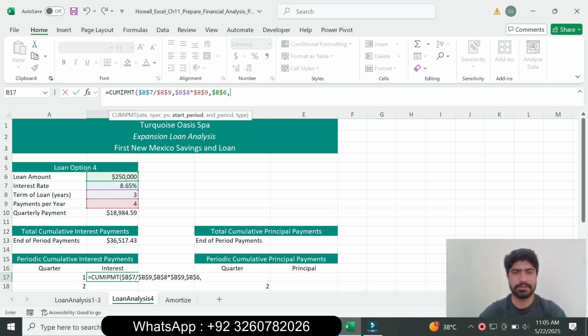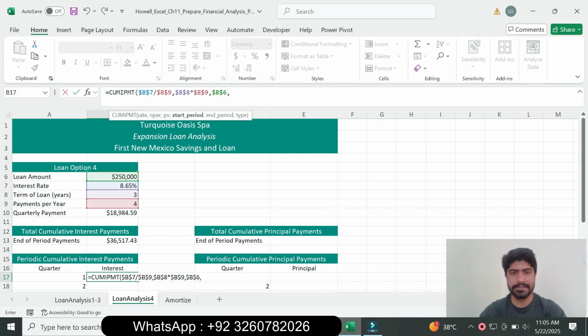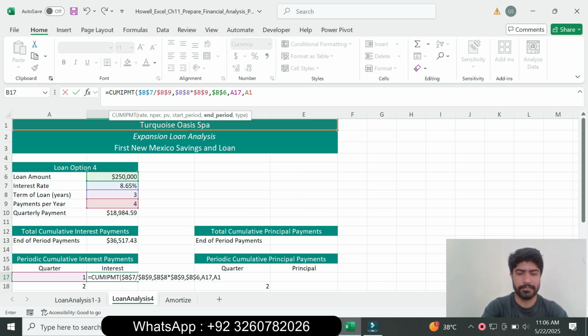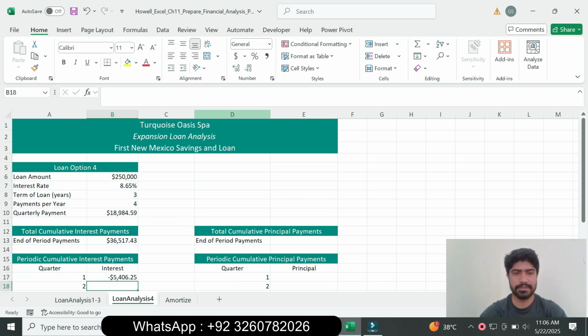Next is the period for the interest paid per year. Select A17 and type a comma, and again A17, type a comma, type 0, close the bracket and press enter.